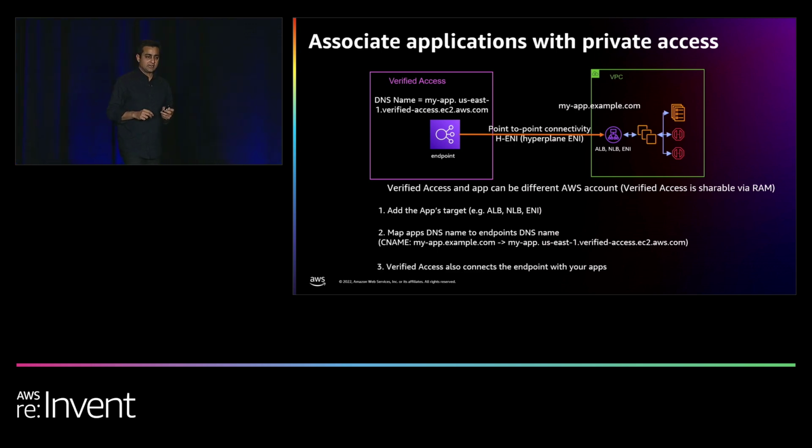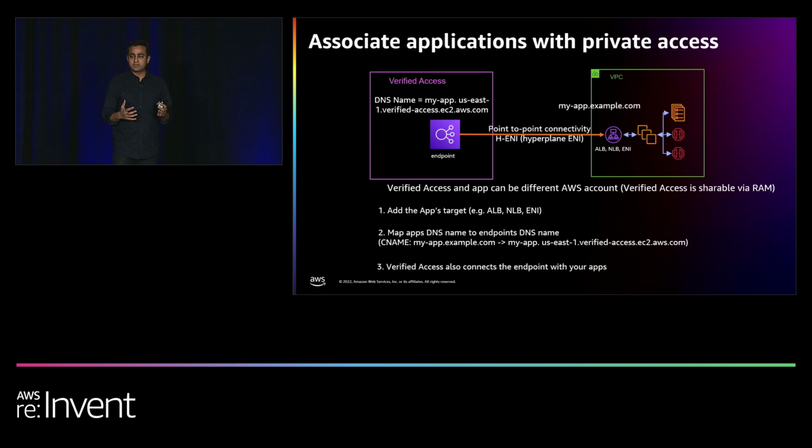The final thing here is that we drop a point-to-point network interface between verified access and your application. So we do the connectivity. A few months back, our doc writer asked me, "Hey, Shovan, tell me what route tables we need to document. What do the users have to configure in the route tables?